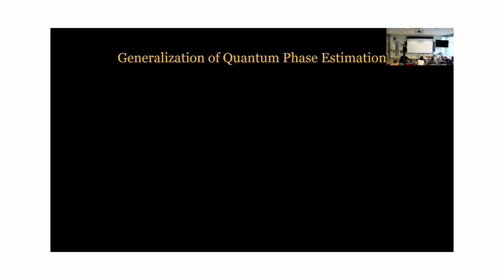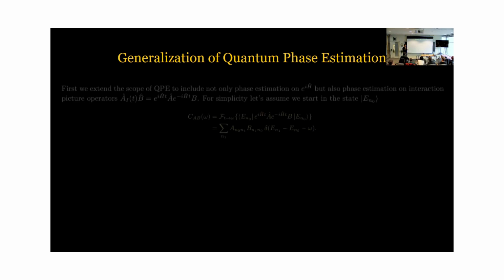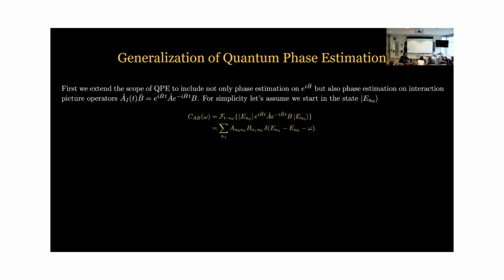We generalize QPE along two different axes. The first thing is, from the slide before, you have the expectation and you want the Fourier transform of the expectation with respect to some time evolution operator.